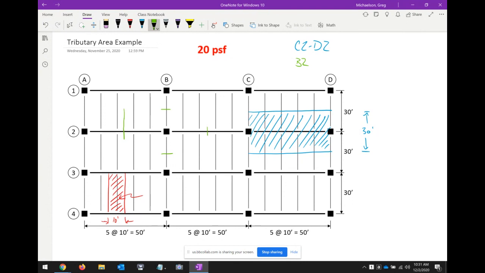So this is the tributary area for the column. So if we're only talking about gravity loading from this pressure load, which of the columns in this building do you think would be the smallest columns? I'm just curious.